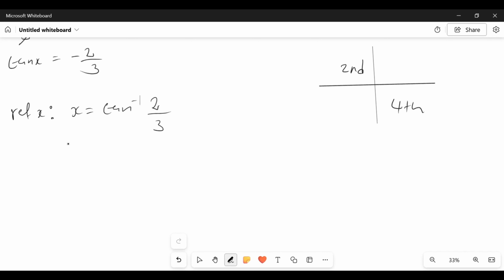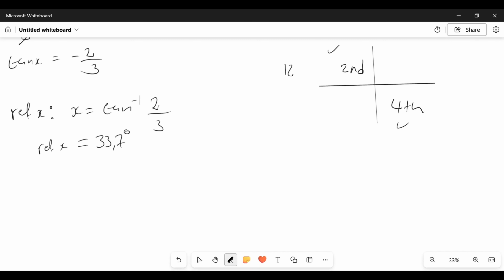So this here, the reference angle, is going to give us 33.7 degrees. This here, guys, is a reference angle, reference x. Now, in order for us to find those x values where tan is negative, we need to remember how we represent the 2nd quadrant and the 4th quadrant.